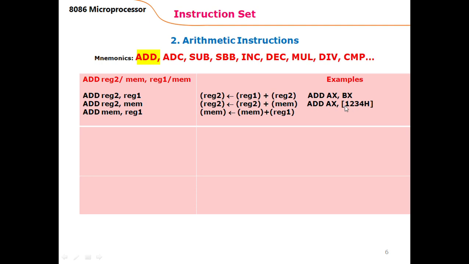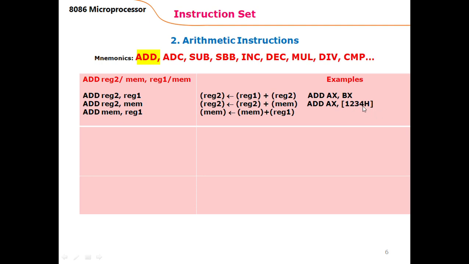Here is an example where the add instruction would add the 16-bit content stored in the AX register with the 16-bit content of the memory location in the data segment addressed by this offset value, and would store the result back into the AX register.